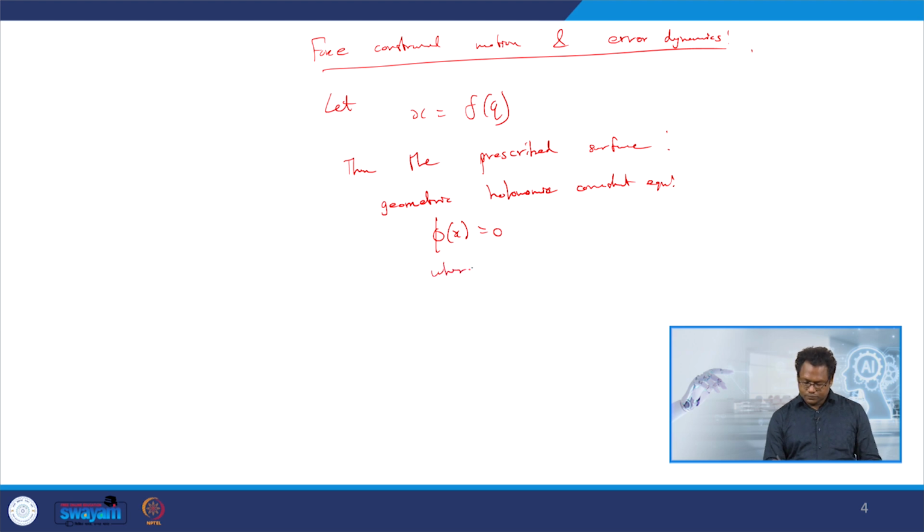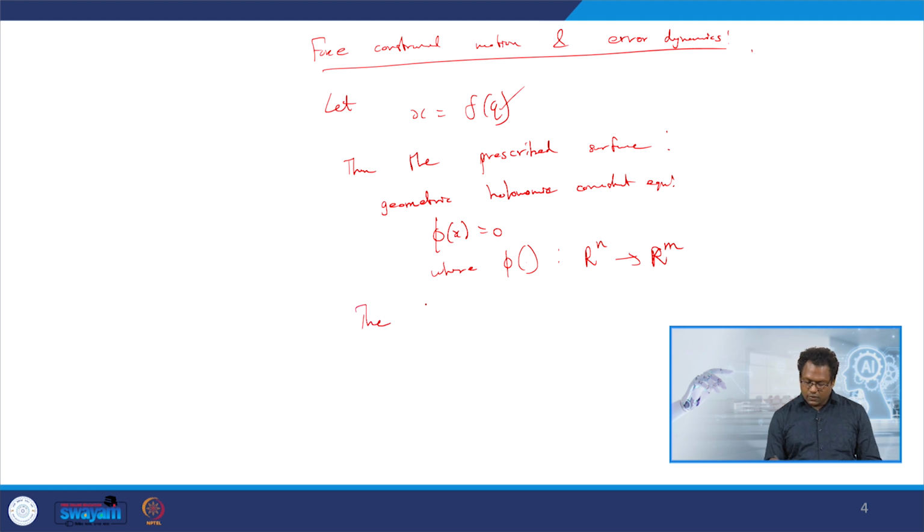where phi function is defined in such a way that the Euclidean space is now reduced from n to the space of dimension m. The n belongs to the joint coordinate q and m is getting reduced, the order is getting reduced to m by the constraint equation, that is phi of x.